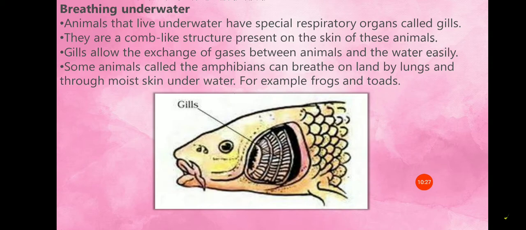The water passes over the gills. The blood vessels present in the gills take up the dissolved oxygen from the water and send it to all parts of the body. The carbon dioxide that is produced as a result of respiration is brought back by the blood into the gills and expelled into the surrounding water.